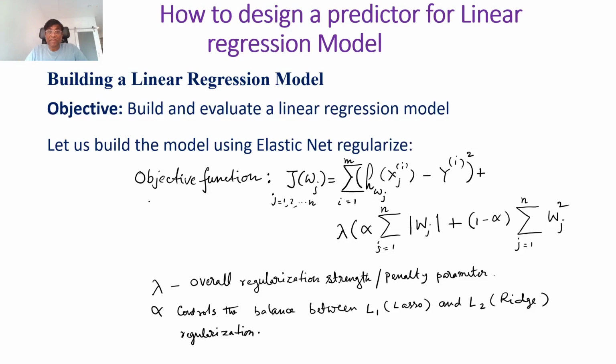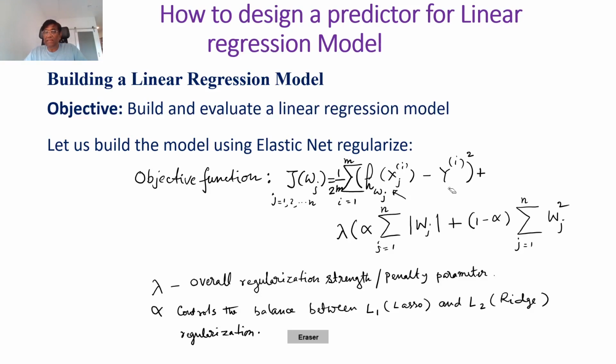First of all, you need to design your objective function, which is J(W) equals the predicted value minus the actual value. This is the mean square error. And if required, you can always put in this term for mathematical convenience, where m is the number of samples.